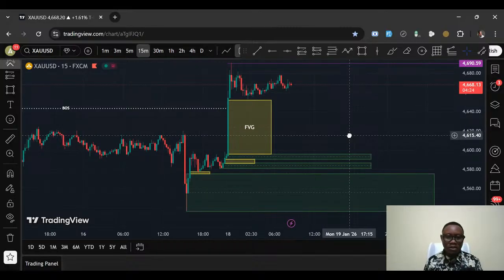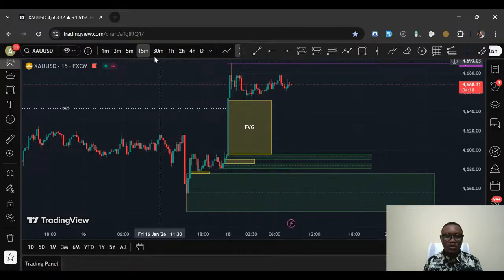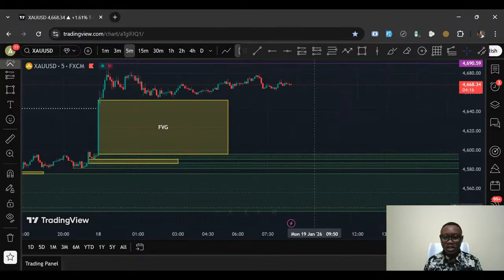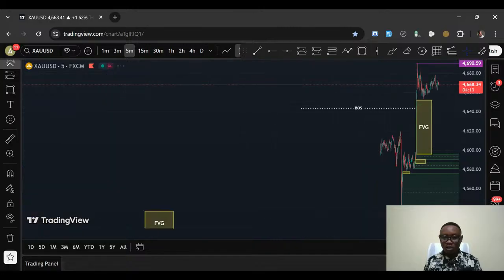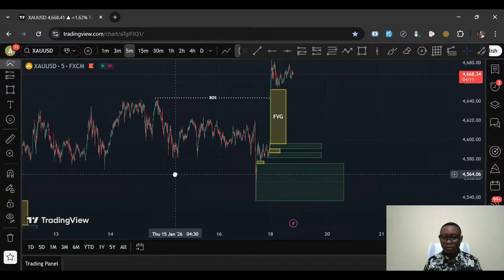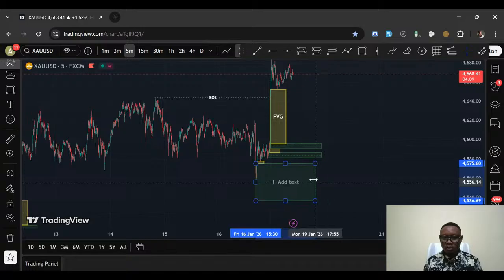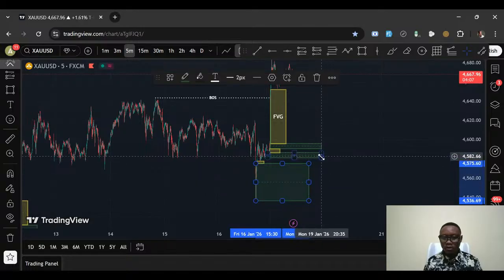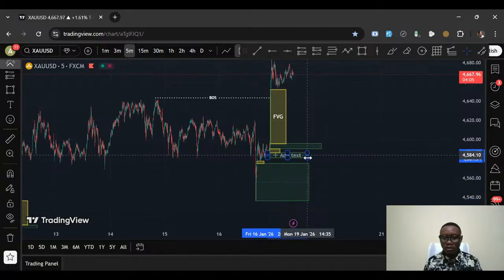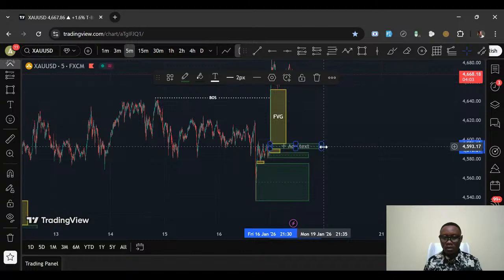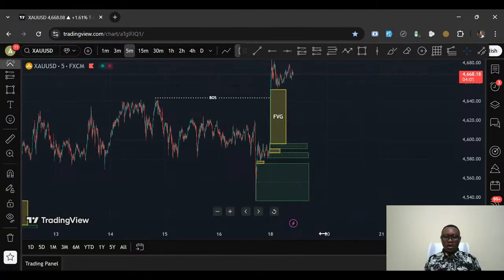But before then, let's drill down to our entry time frame, which is a 5-minute time frame, and further refine our zone. 5-minute time frame. Let's bring this a little bit closer.